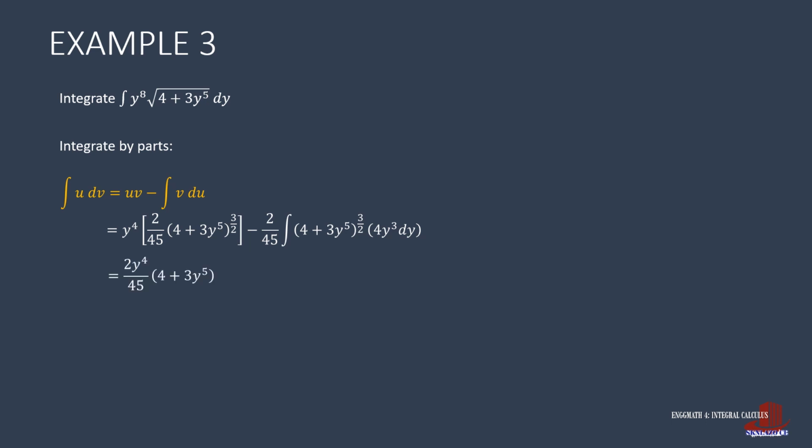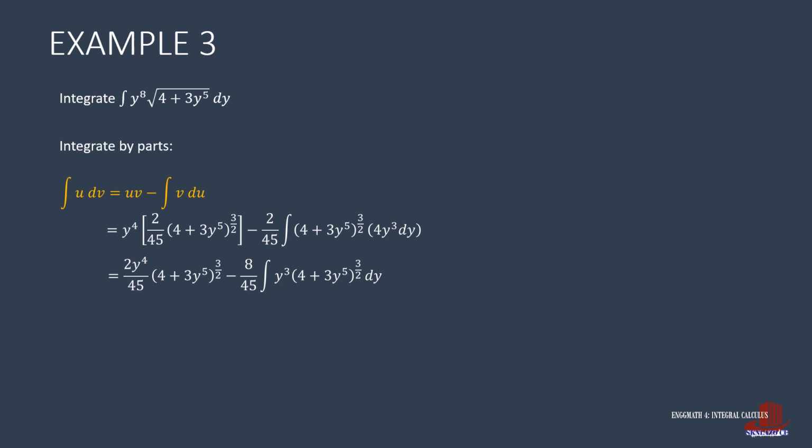Simplify the terms and get 2y raised to 4 over 45 times the quantity 4 plus 3y raised to 5, raised to 3/2, minus 8 over 45 times the integral of y cubed times the quantity 4 plus 3y raised to 5, raised to 3/2 dy.